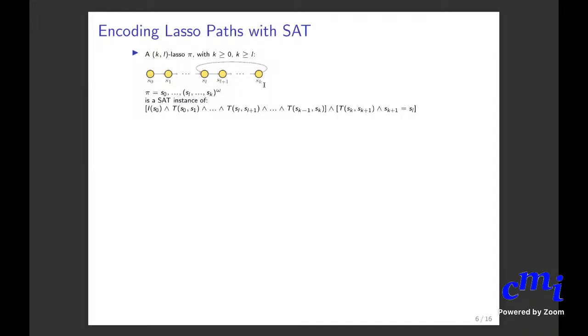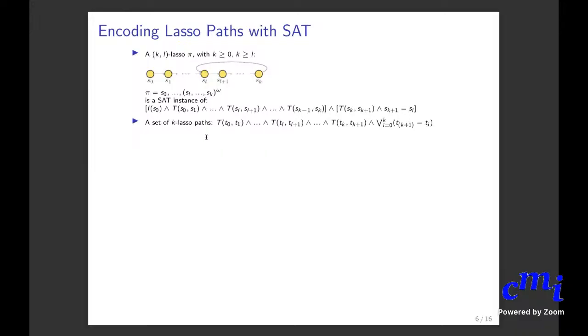And then we say that it represents a kl lasso if the state Sk folds back into a state that occurs at index sl, which has already appeared in the prefix earlier, which can be checked by checking if the k plus first state produced by the transition relation is equal to sl. So, that's how it is checked.